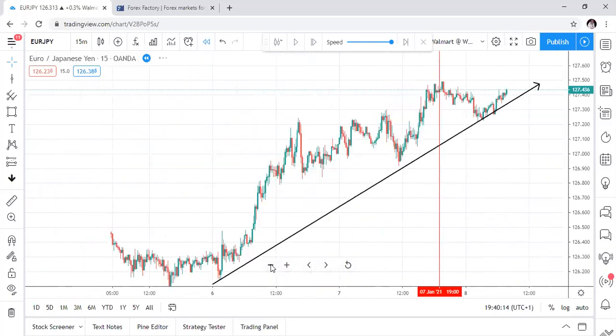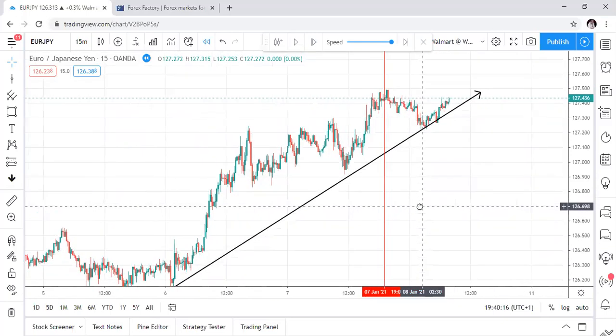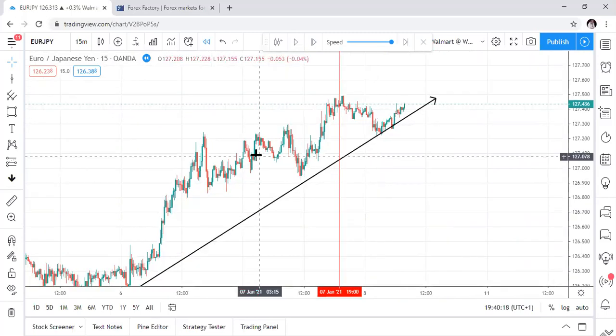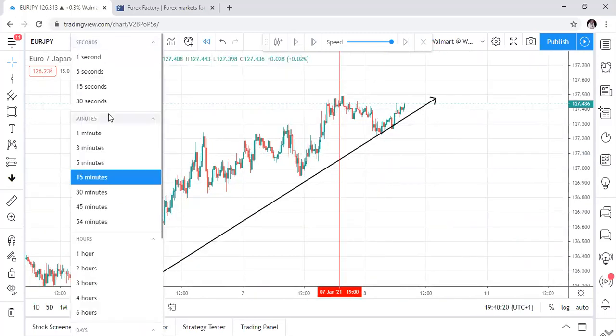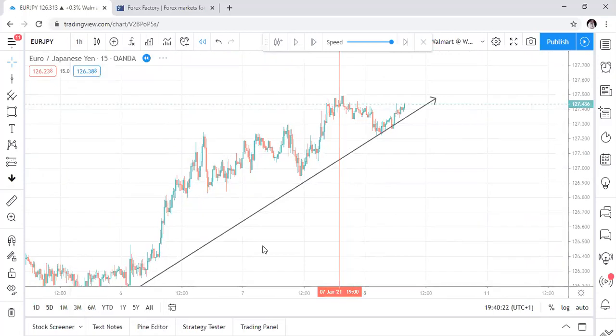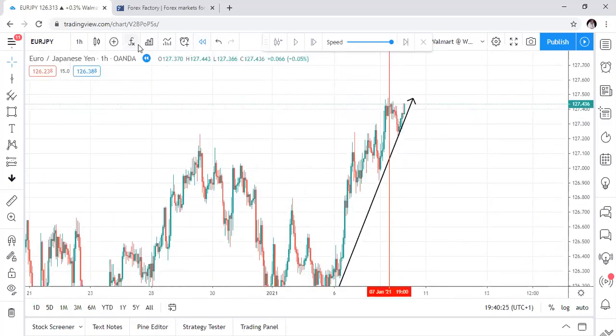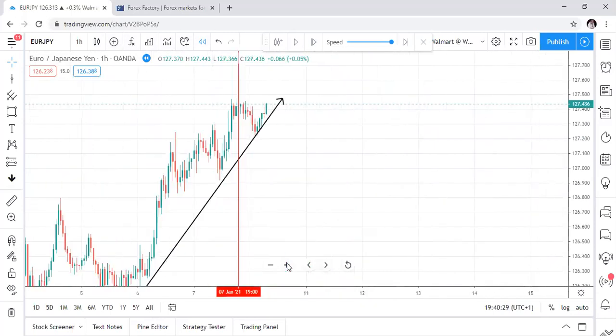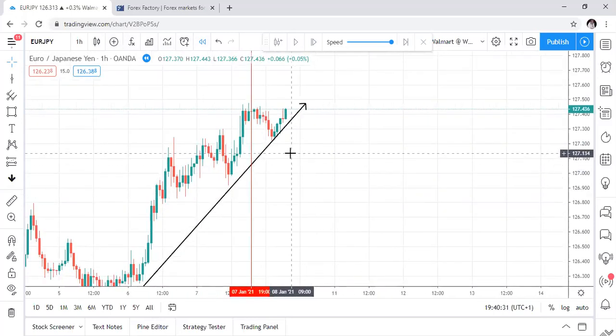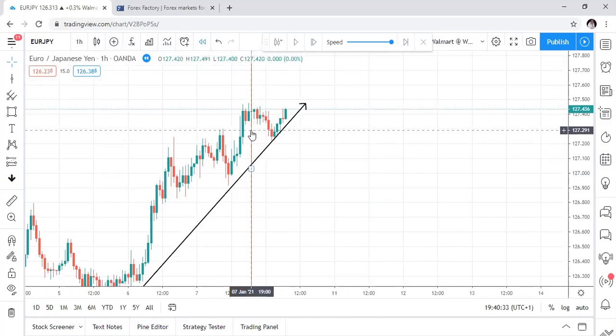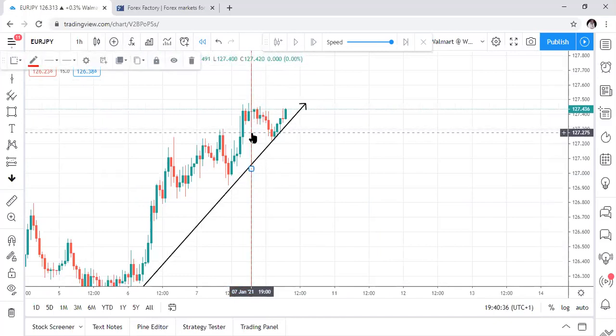Sorry, let me go back to 1 hour. You do your refinement. You refine the charts. What I mean by refinement is that you scale down. Now, at the highest of this, you have a doji there, right?